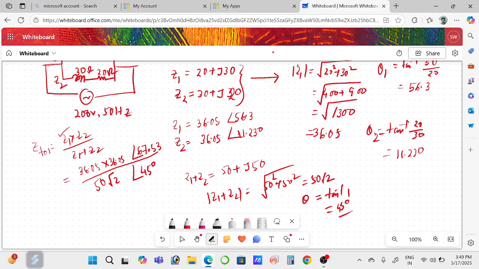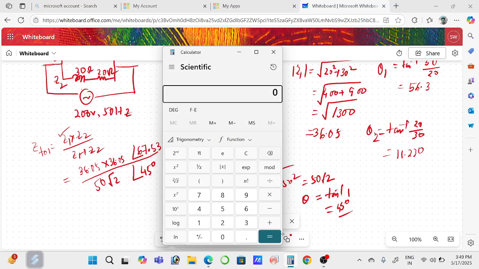Now again it is divided, so polar form is suitable here. So first of all you just multiply 36.05 into 36.05, and then we divide it by 50 and then divide it by root 2.